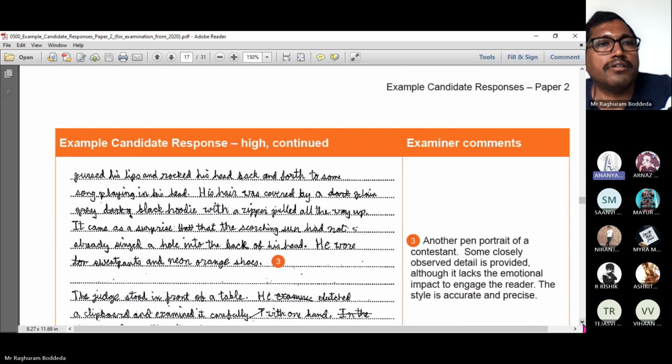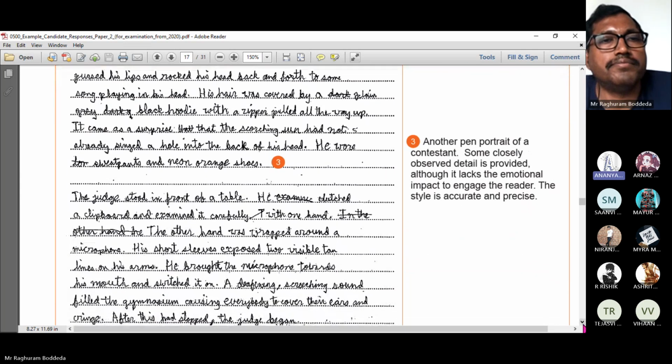He used his lips and rocked his head back and forth to some song playing in his head. His hair was covered by a plain black hoodie with a zipper pulled all the way up.